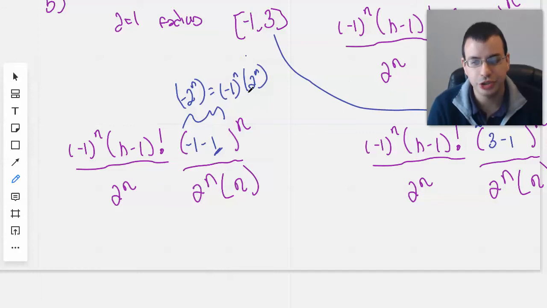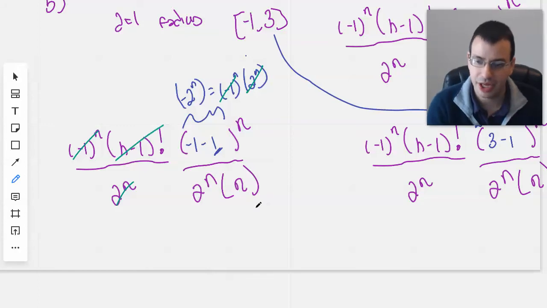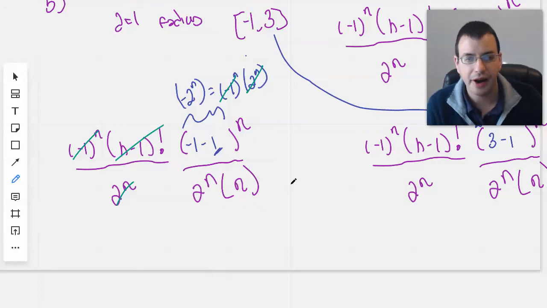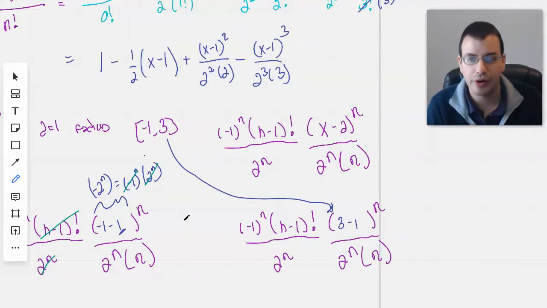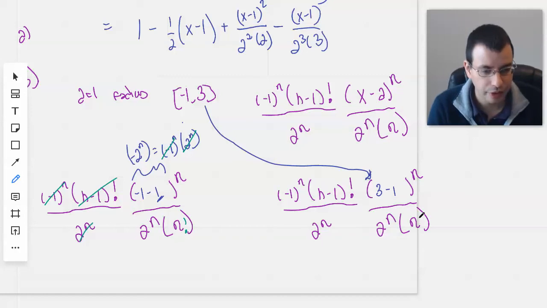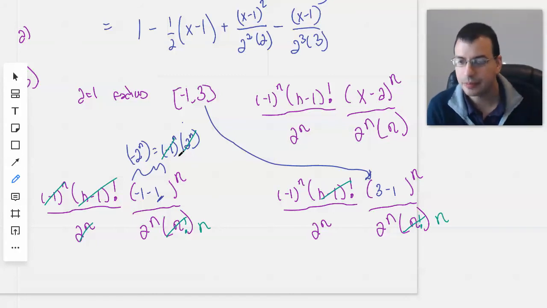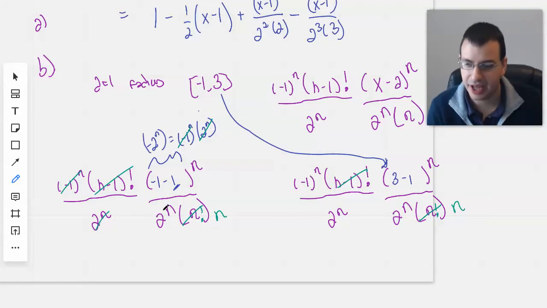So the 2 to the n cancels. The (-1) to the n will cancel this other (-1) to the n. This (n minus 1) factorial will cancel with this n factorial. Yep, this is supposed to be n factorial down here. That will cancel with the n factorial to give you n. And then I had an extra 2 to the n there.